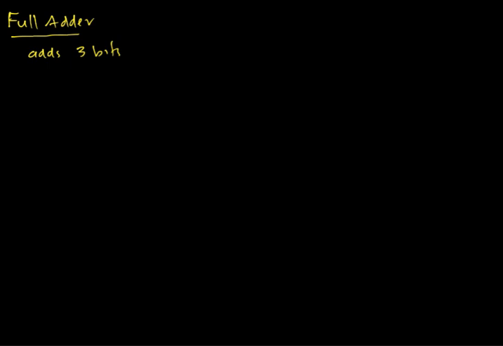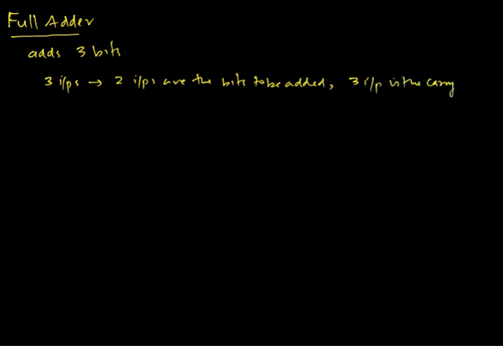So there will be 3 inputs for a full adder. 2 inputs are the bits to be added, the third input is the carry in from the previous addition, and it has 2 outputs again, that is sum and the carry output, usually denoted by carry out.